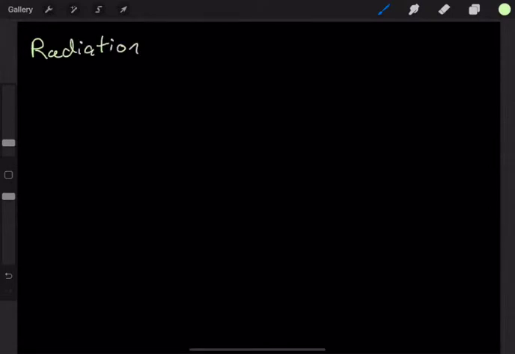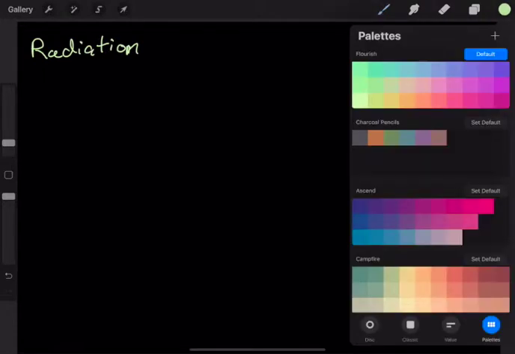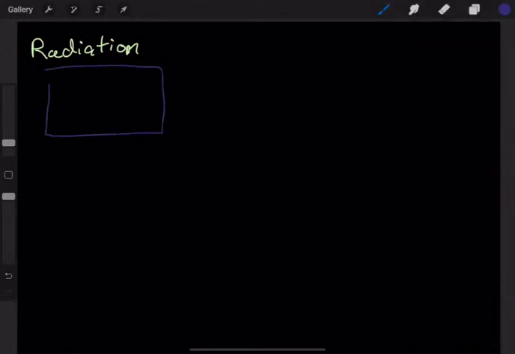And radiation happens when energy is moving through a gas or through a vacuum. Actually it can move through all sorts of different things, but let's say this is your window at home, right? And underneath you've got your radiator, and it's hot, right?